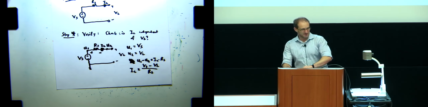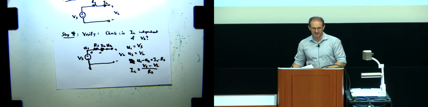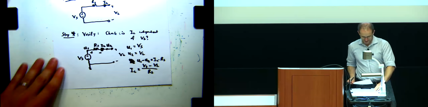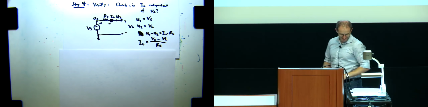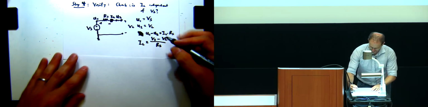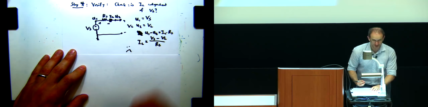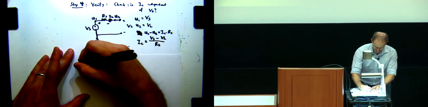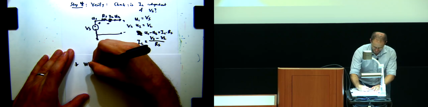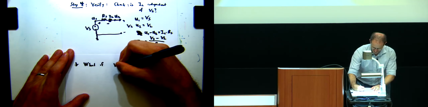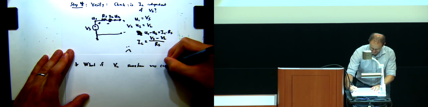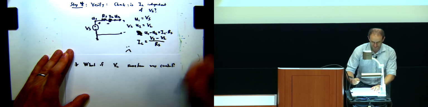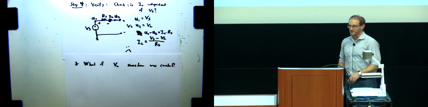All right, so here's where kind of the magic trick is going to come in. And this is where I'm going to maybe turn things around a little bit to you folks and see if we can get some ideas out of the class. So we're basically saying this doesn't work. No good. But what if VL somehow was constant? Like always had some known value.